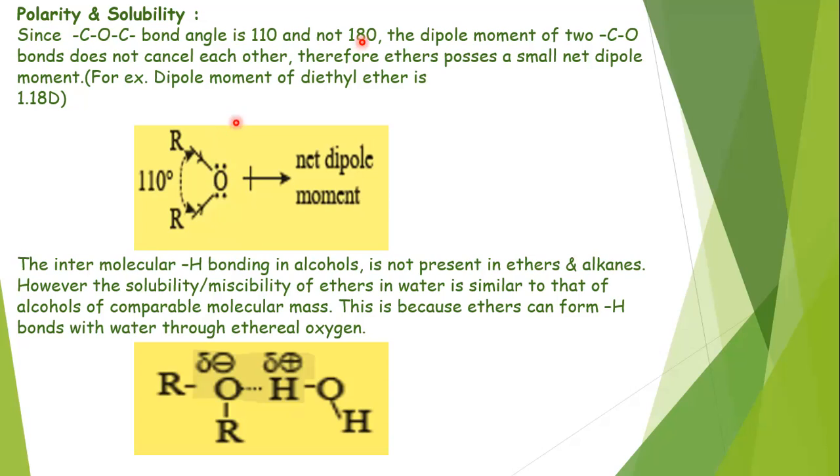If bond angle is 180, then the polarity made by this RO bond and this RO bond, they will cancel each other and total dipole moment will be 0. But this bond angle of RO and R, these are not in straight line. They have this 110 degree bond angle.